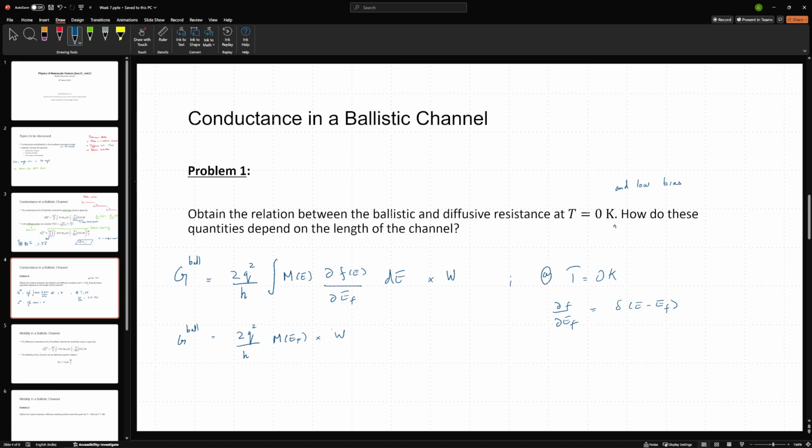Now, therefore, let me also write R ballistic, which is just the reciprocal of this quantity. So we know that the reciprocal of this corresponds to 12.8 kilo, it was 12.8, right? Something to that order. Let me just take a minute and calculate that. It's not too hard to calculate.